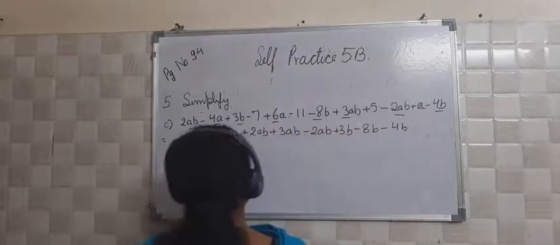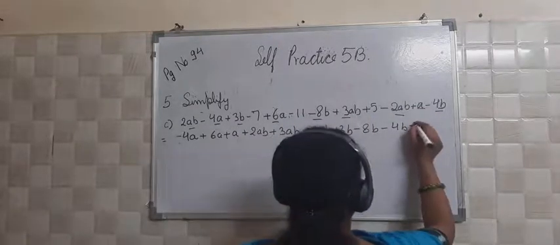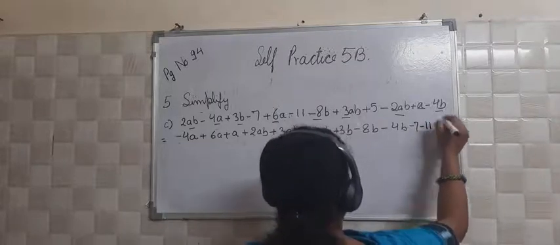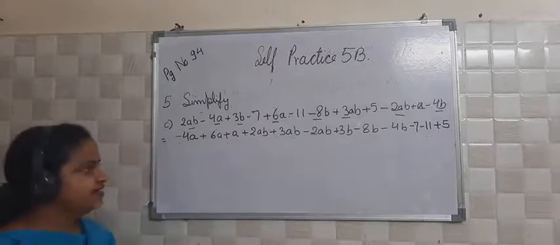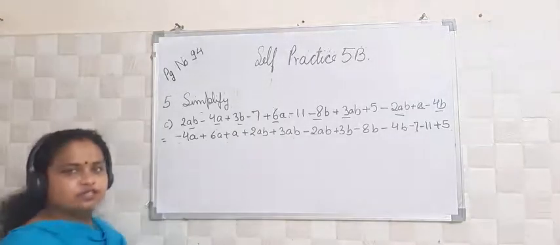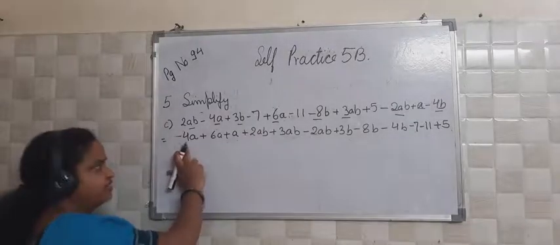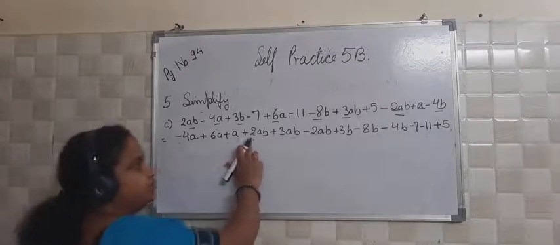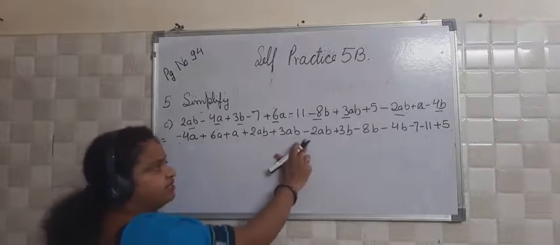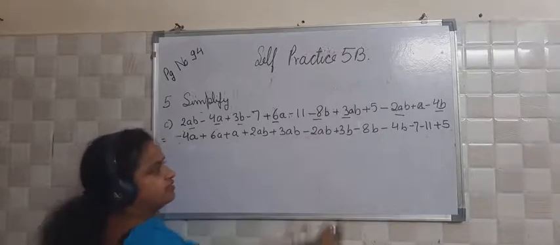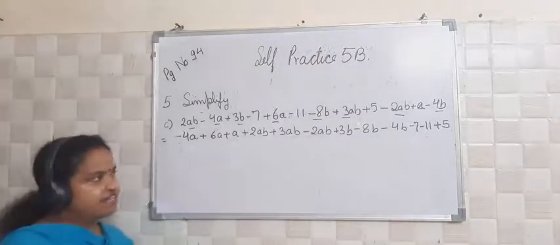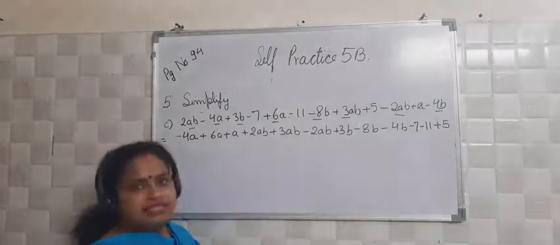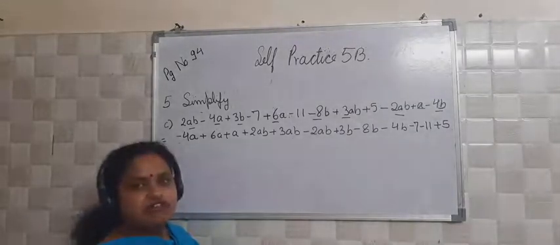Then take the constant terms: minus 7 minus 11 plus 5. You see here all three types are there. A: minus 4A plus 6A plus A, then AB: 2AB plus 3AB minus 2AB, then B: 3B minus 8B minus 4B, and at last the constant terms: minus 7 minus 11 plus 5.